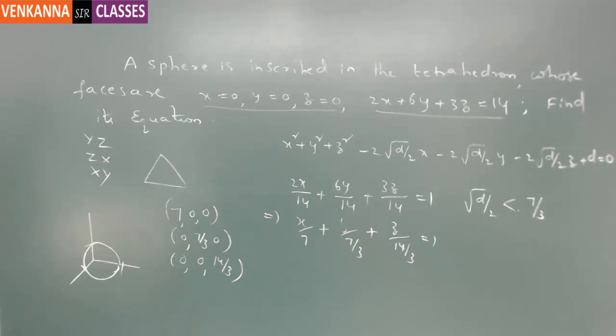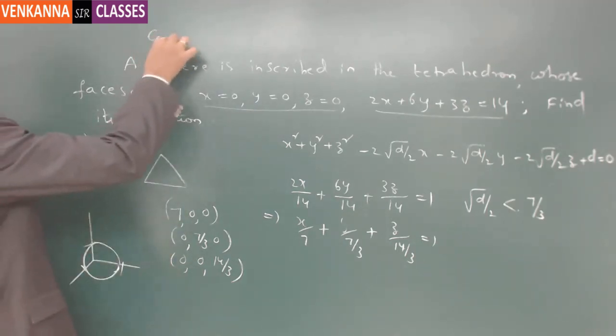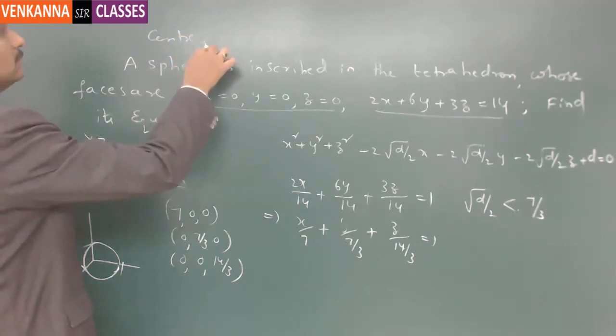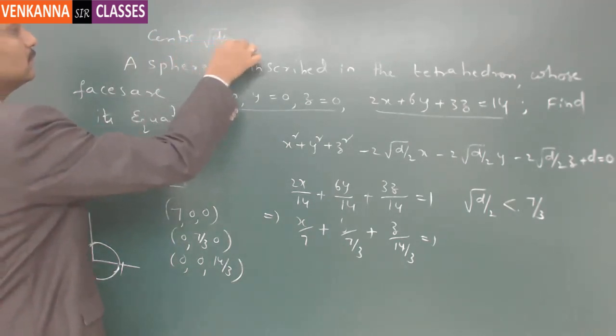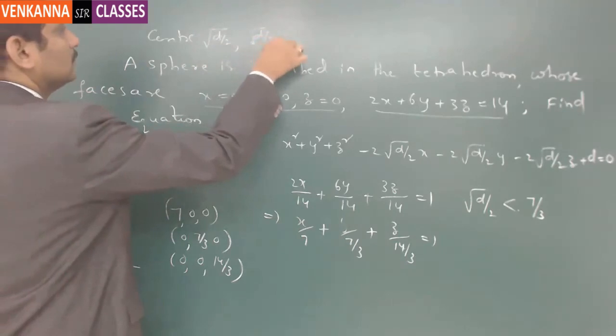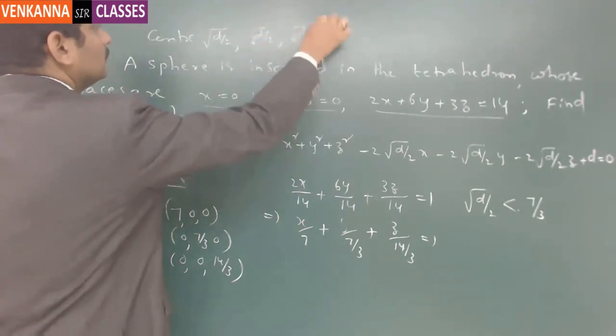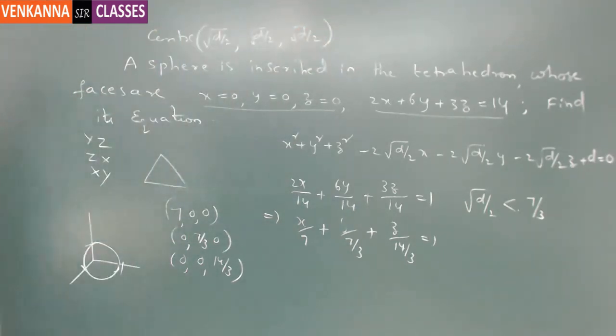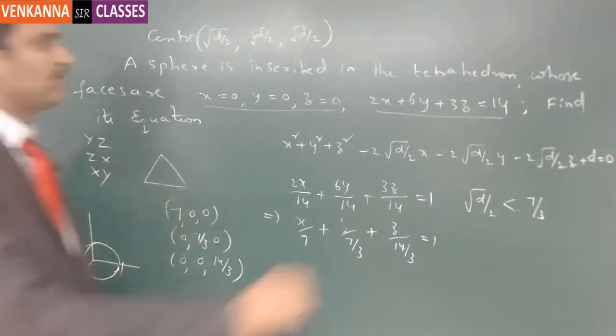Now if you calculate the center for the sphere, then it is nothing but... and the radius part you can calculate, that is also nothing but root of d by 2.